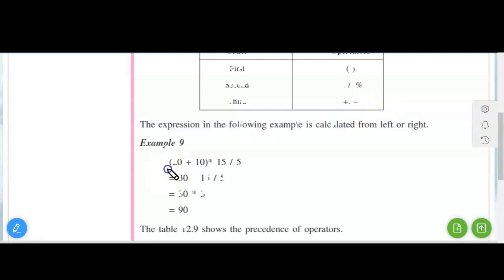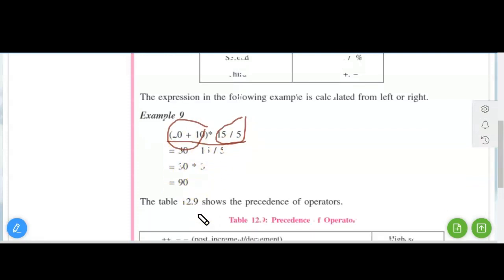So if you see this example, what is the first precedence according to that order? Bracket goes first. So 20 plus 30, 10 will be evaluated first. That gives you 30. And then second one goes for this division, that is 15 by 5. That gives 3 as the result. And then 30 gets multiplied with 3 and you will get the output as 90.